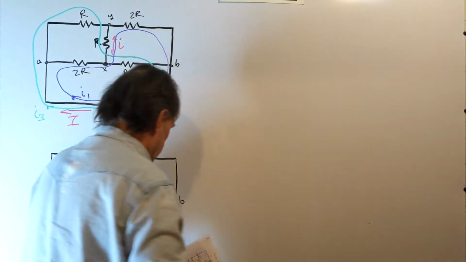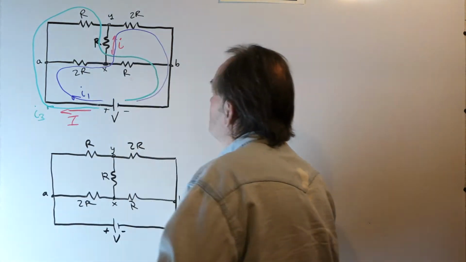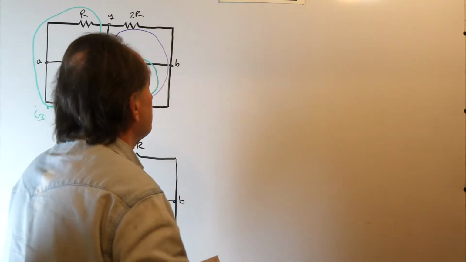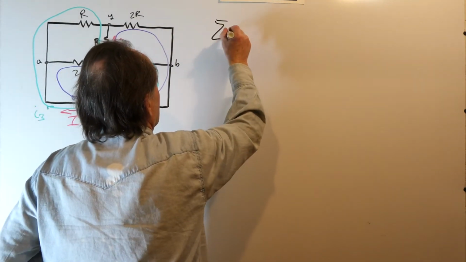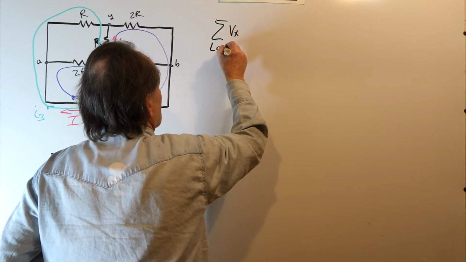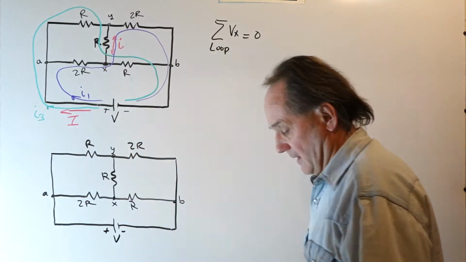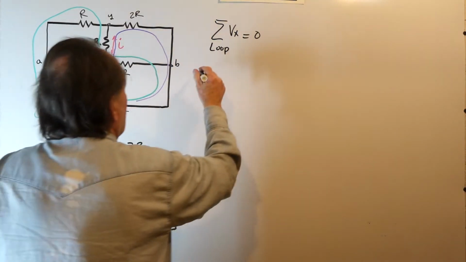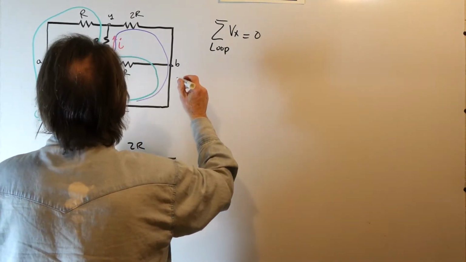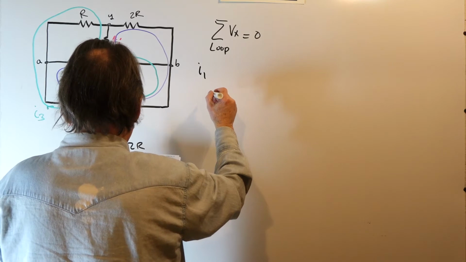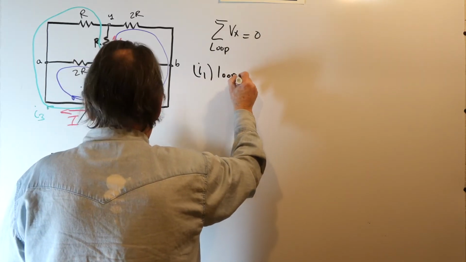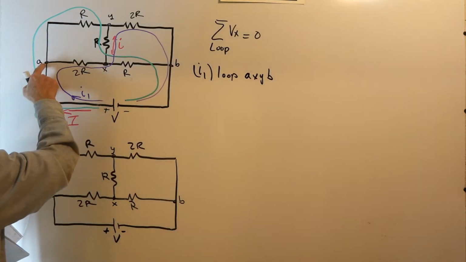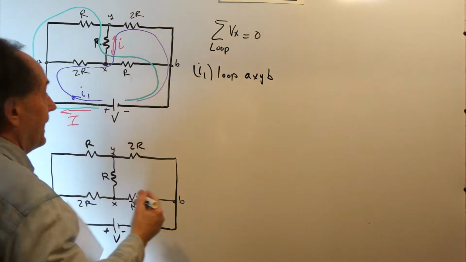Now when you do loop currents, what you're using is Kirchhoff's voltage law. You go around a closed loop, and Kirchhoff's voltage law states that the sum of the voltages around a closed loop is equal to 0. So in loop 1, which I will call I1, this is the loop going from A, X, Y, B. So we're going A, X, Y, B, and back.